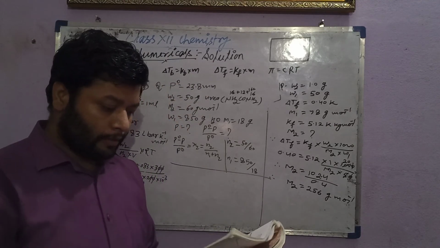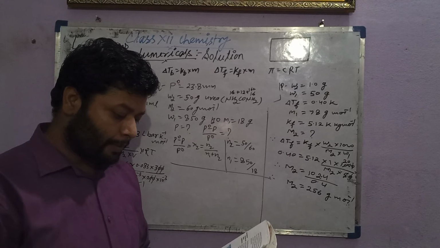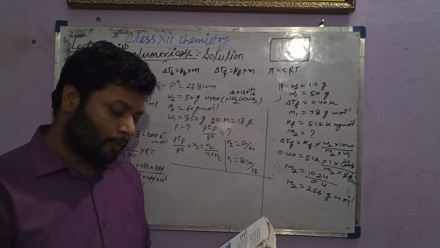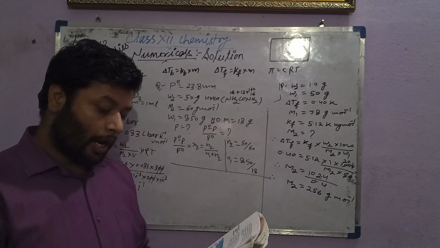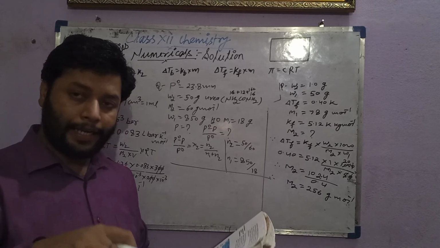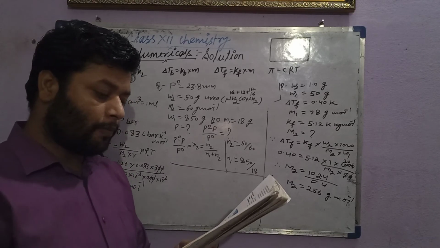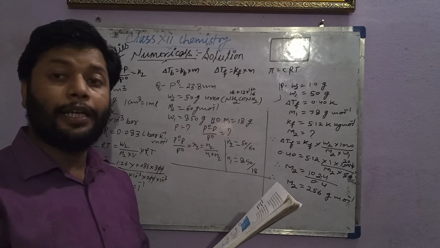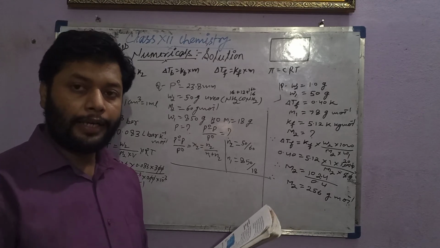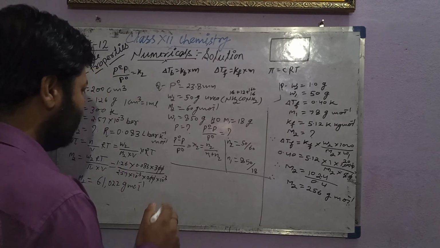Next question: the boiling point of water at 750 millimeter of mercury is 99.63 degrees Celsius. How much sucrose is to be added to 500 gram of water such that it boils at 100 degrees Celsius? This is very easy.